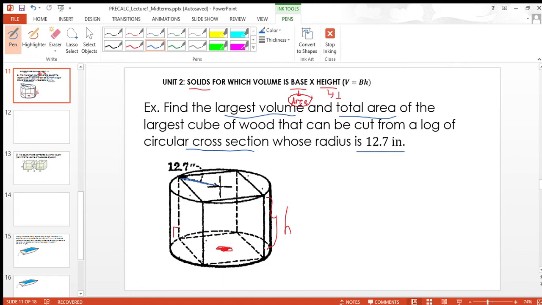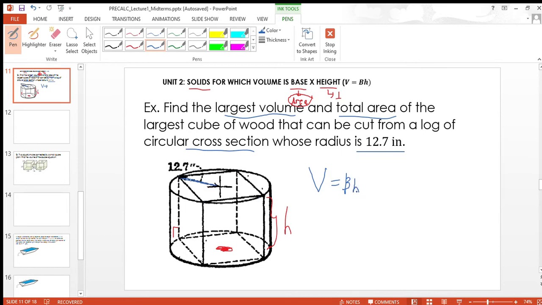Or in this case, the square is inscribed in our circle. So we have a square inscribed in a circle.